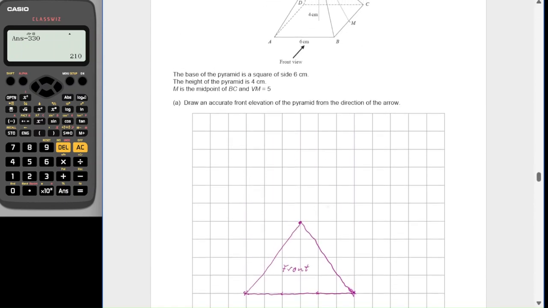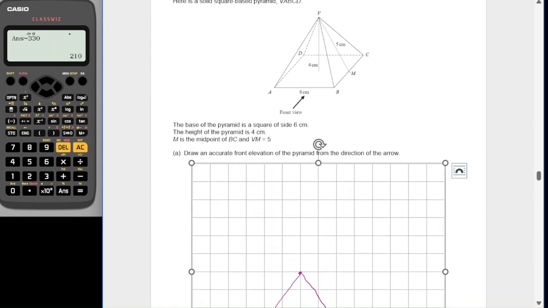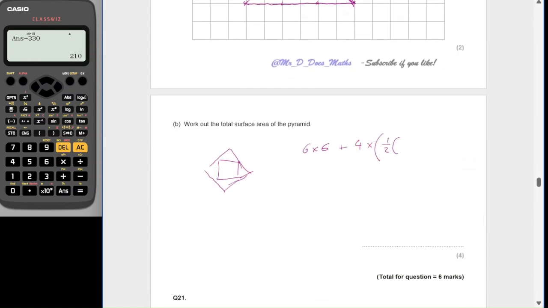So the base of the triangle would be 6. The height of the triangle would be the slant height, so it would be 5. So that's going to be 36 plus, this now becomes 2 times 30, so 60, so we're looking at 96. And no unit here, so centimeters squared.